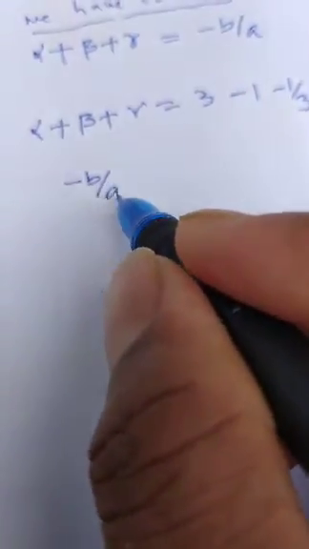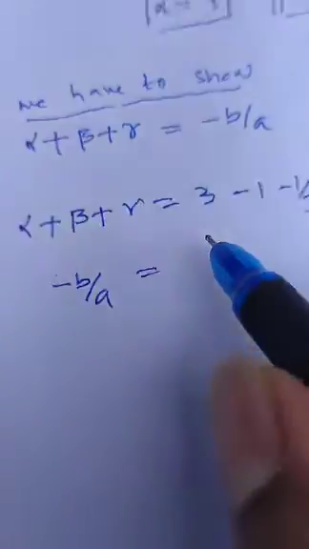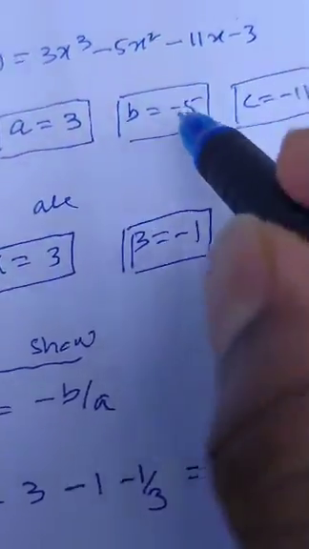For the RHS, minus b by a. What is the b value? Minus 5, so substitute here, minus of minus 5, by a. What is the a value? 3. So that is 5 by 3. So the first condition, alpha plus beta plus gamma equals minus b by a.